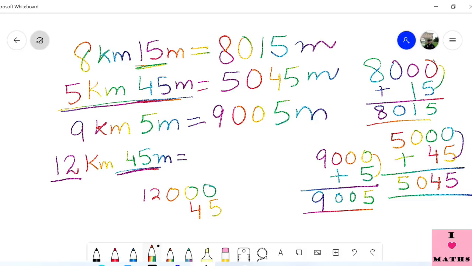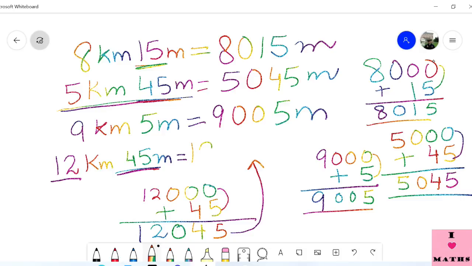Now we will get 0 plus 5 is 5, 0 plus 4 is 4, 0 will come here, 2 will come here and 1 will come here. Now very carefully we will copy this here. We will not make a mistake. So the answer of this is 12,045 meter.